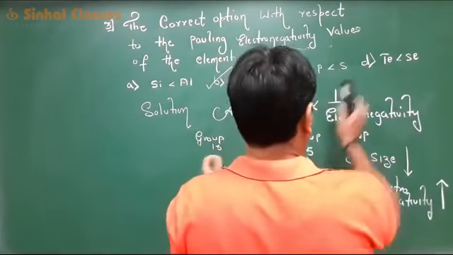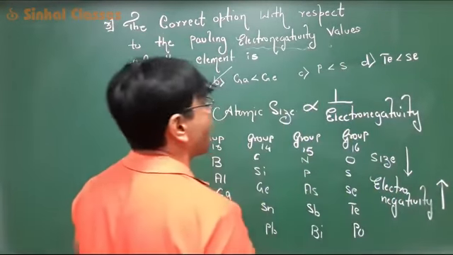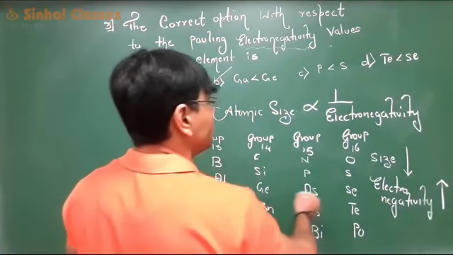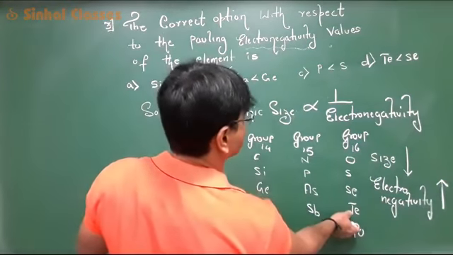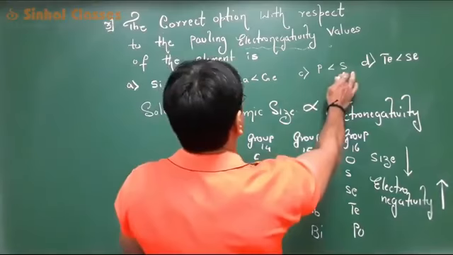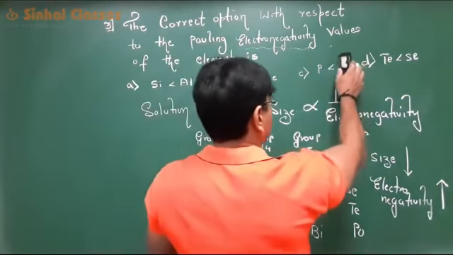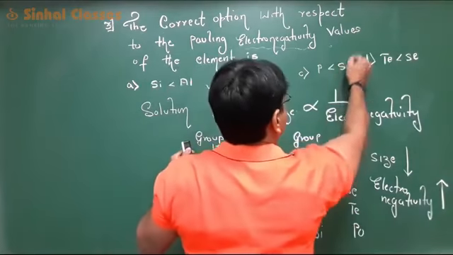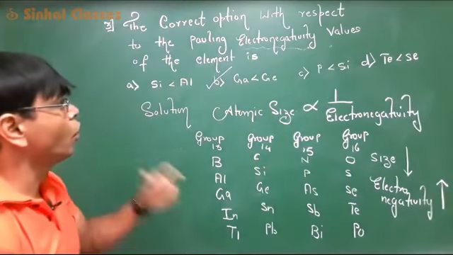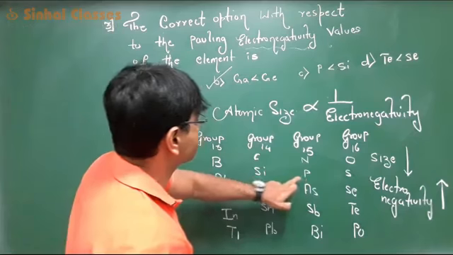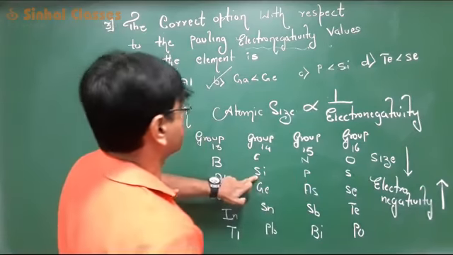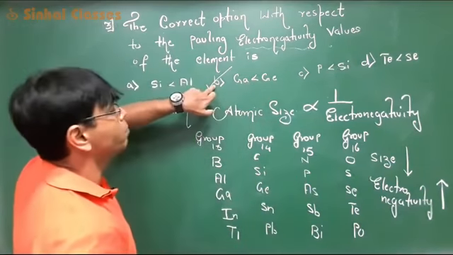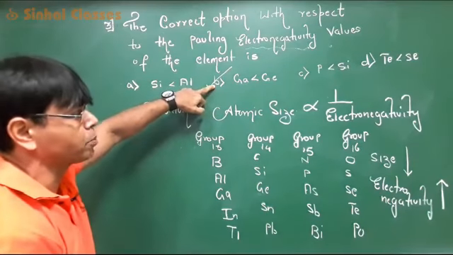The options of selenium and tellurium: selenium here, tellurium here. So this should not be sulfur, it should be phosphorus with silicon. In this case, phosphorus electronegativity will be more than silicon. So the correct option here is B.